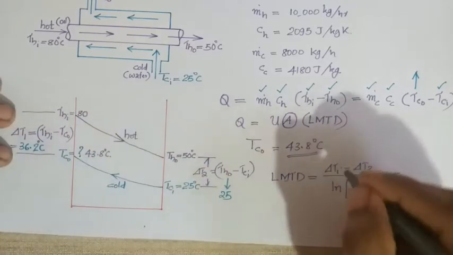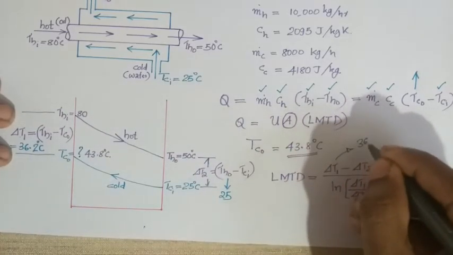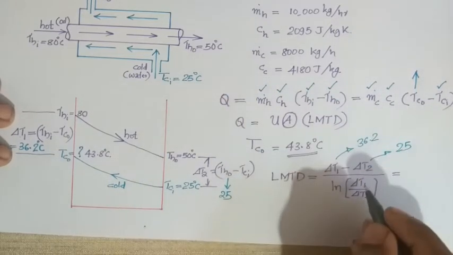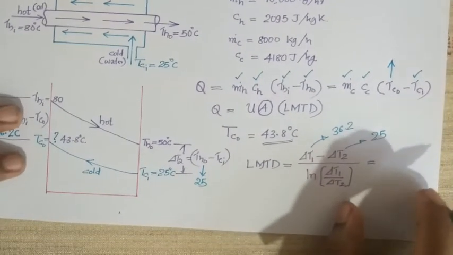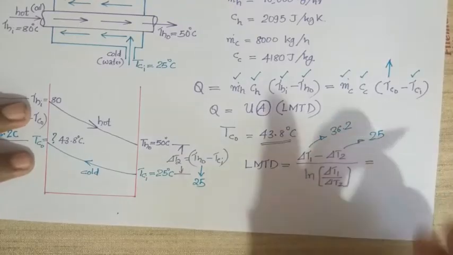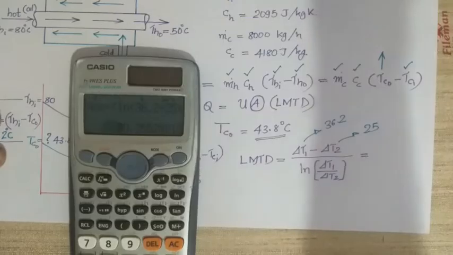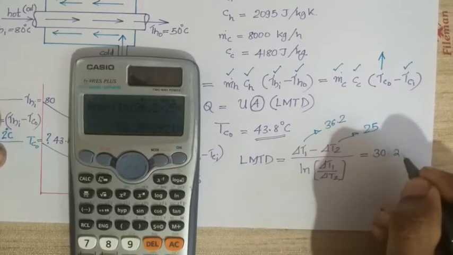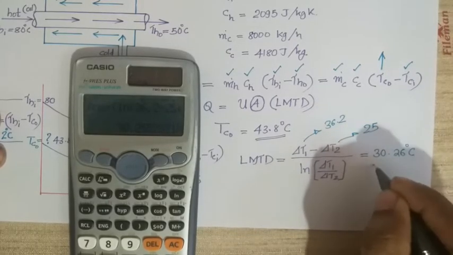Substituting delta T1 as 36.2 and delta T2 as 25, divided by ln of 36.2 divided by 25, you will obtain the LMTD as 30.26 degrees Celsius.